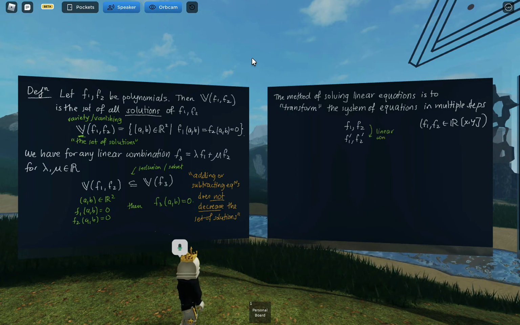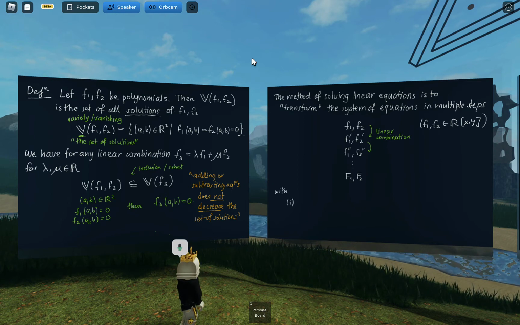So F1 prime and F2 prime are both linear combinations of F1 and F2. And then you do it again. You take F1 double prime, F2 double prime, which are linear combinations of F1 prime and F2 prime, and so on. And you hope, or by an algorithm, you guarantee that eventually you reach F1 and F2 such that the following two conditions are satisfied.